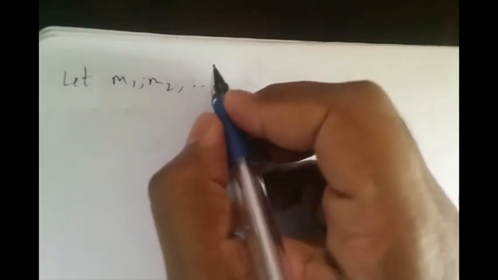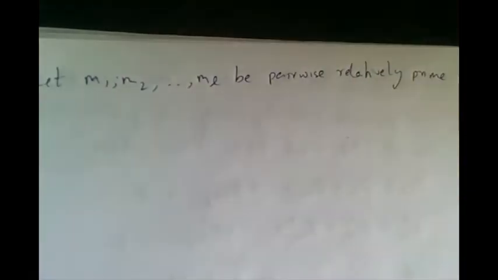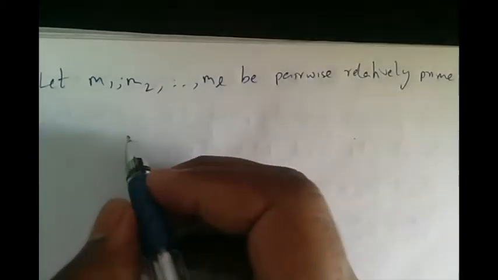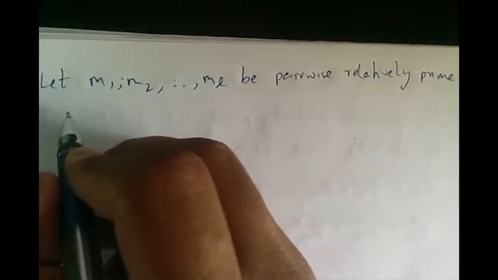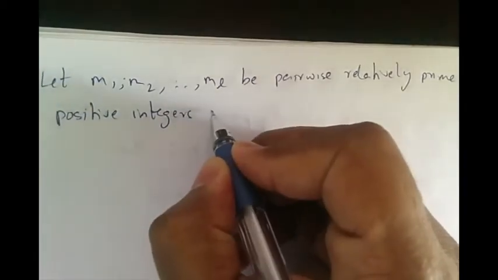Okay, so it turns out that the solution is given in this form. Let m1, m2, up to ml be pairwise relatively prime positive integers, all greater than 1.